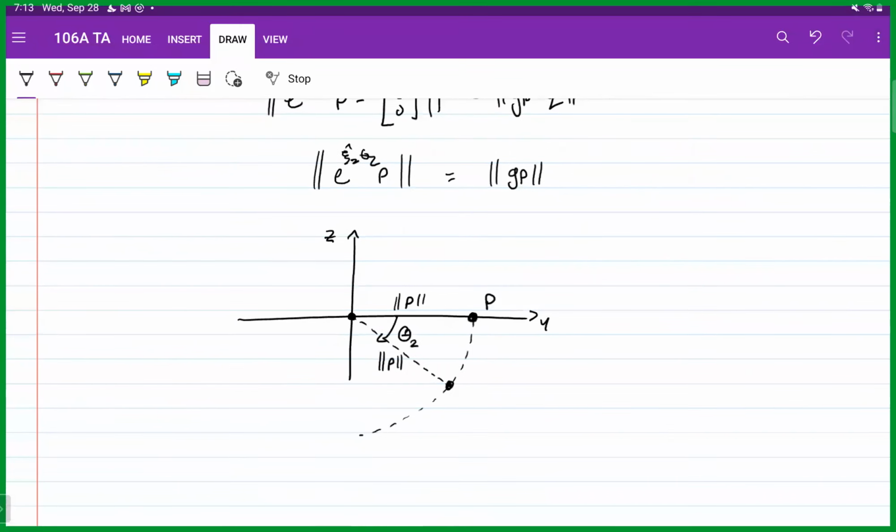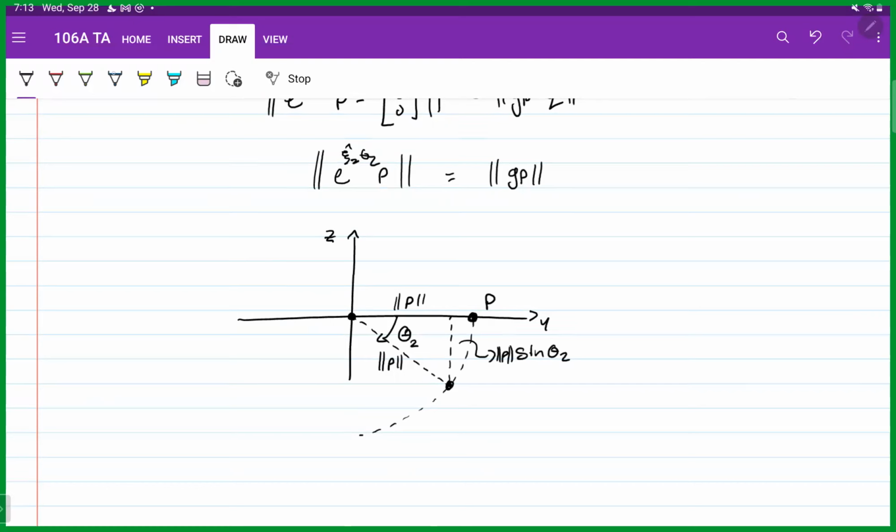Okay, cool. So let's figure out where this thing is going, right? So first of all, we're just looking for the z and the y coordinates. We use trig. We see that the length of this right here is equal to, what's that going to be? Yeah, so that is sine of theta 2 times the norm of your vector p, right?